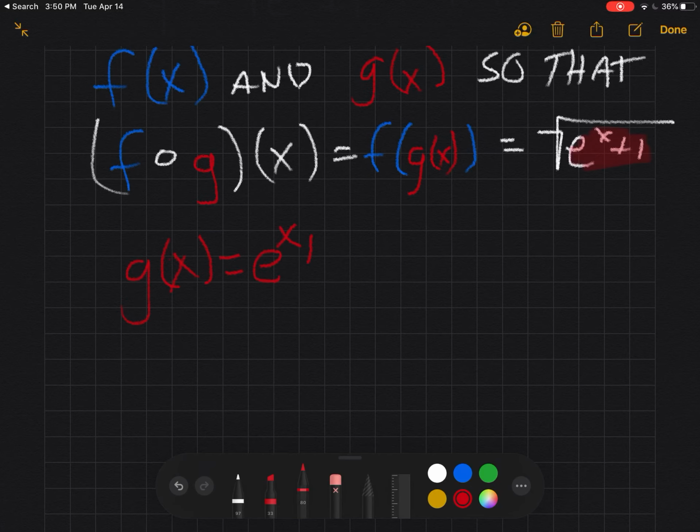All right, so hopefully you've spent some brain cells on it. Here's my suggestion for what our g of x should be.